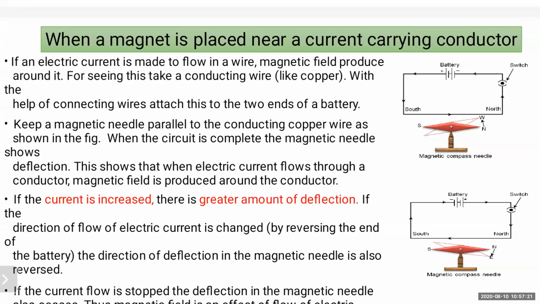If the current is increased, there is a greater amount of deflection. And if the direction of flow of electric current is changed, if you interchange the circuit, the direction of the deflection is also changed.